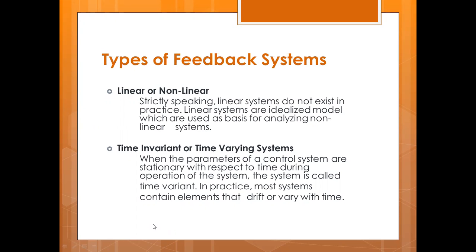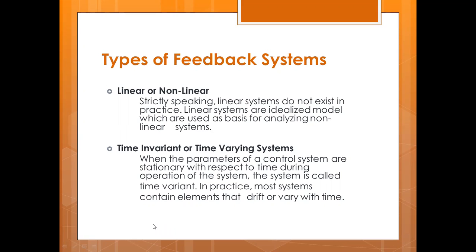When we speak of time invariant or time varying systems, when the parameters of a control system are stationary with respect to time during operation, the system is said to be time invariant. Meaning the time derivatives of your process variables are zero. They don't vary with time.